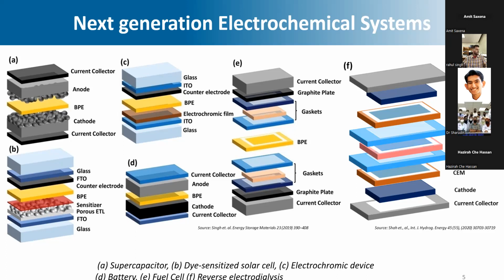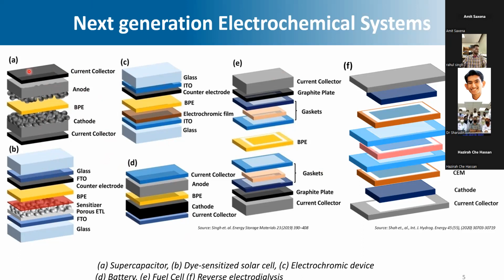These are the commonly used electrochemical cells. The first structures are supercapacitor and battery, which are used for storing energy. For generating energy, there are solar cell, fuel cell, and reverse electrodialysis. This is an electrochromic film, which is generally used to avoid ultraviolet rays.